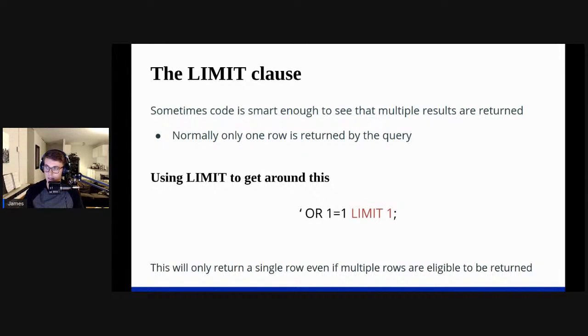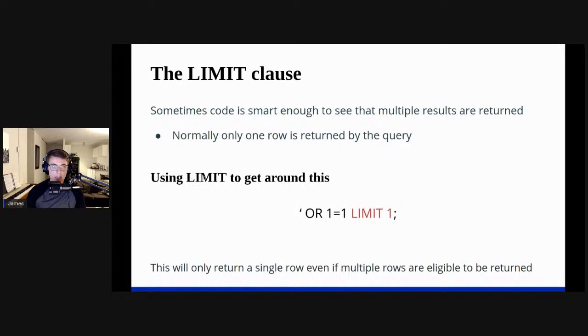To get around this, we can use the limit clause. This is an example injection, though I forgot the comments, sorry about that. This is what a typical injection would look like. We have our or 1 = 1, and then right at the very end, after all of our conditions in our where clause, we put limit 1. So we're limiting it to one output.